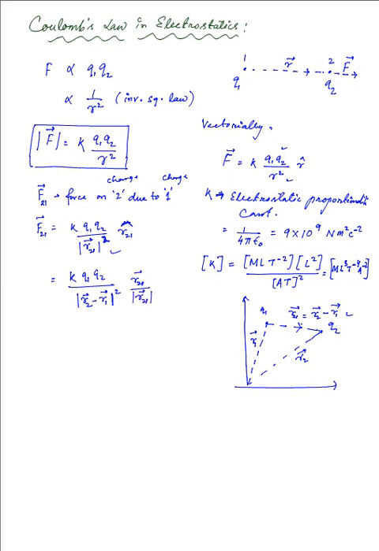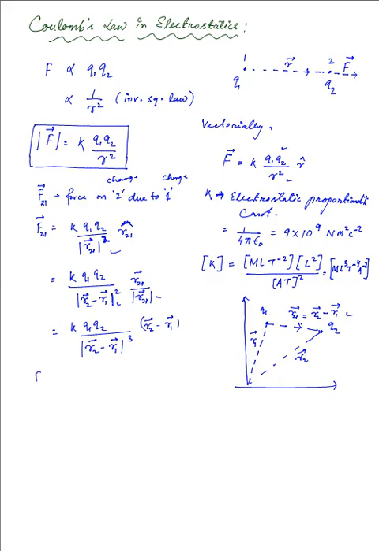That's the definition of any unit vector. So this is K Q1 Q2 over |R2 minus R1| cube, because this has got multiplied to this, and then we have R2 minus R1 at the top as well. Now this is the force on charge 2 due to charge 1.